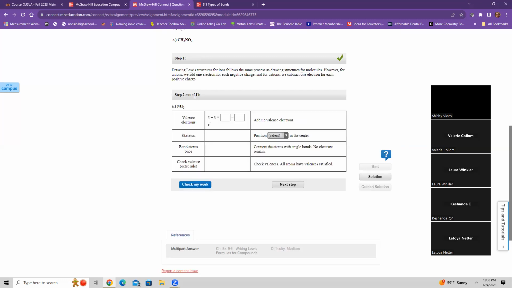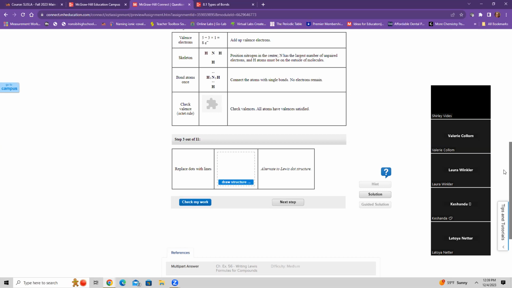Okay, so check the work. That was correct. All right, so 5 plus 3 times 1 equals 8, right? Skeleton. Position select. Nitrogen in the center. Bond atoms connected. Okay. Check the work so far.